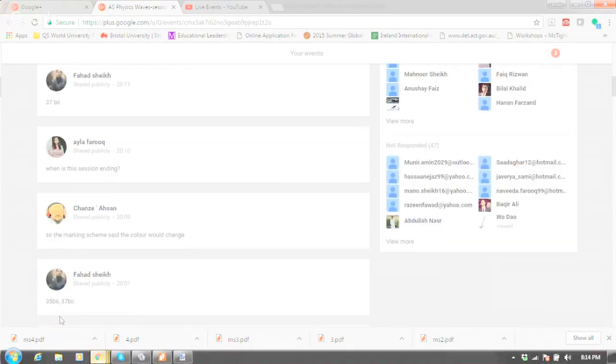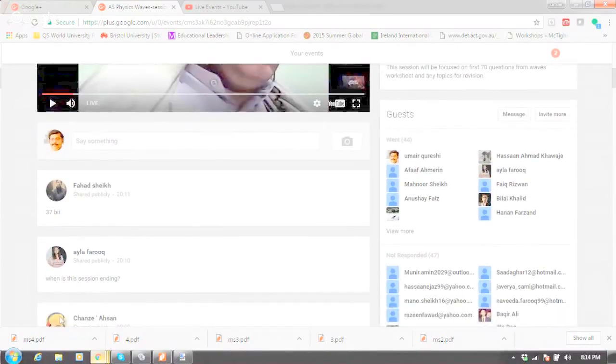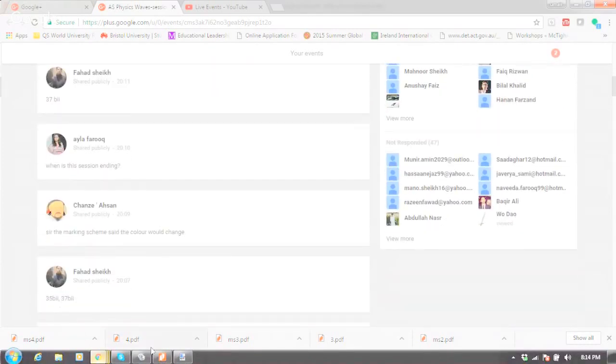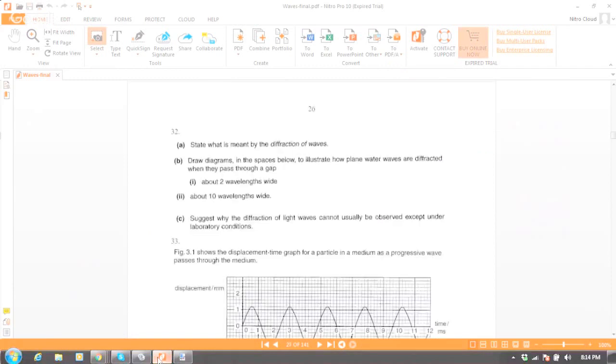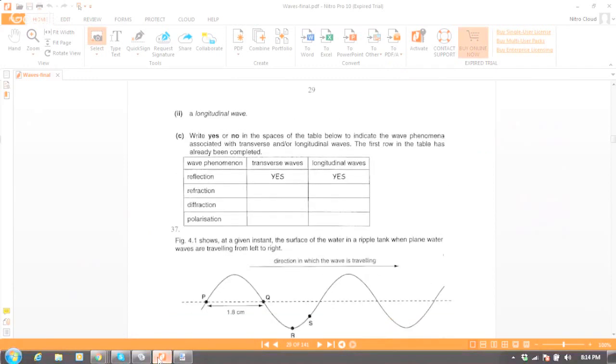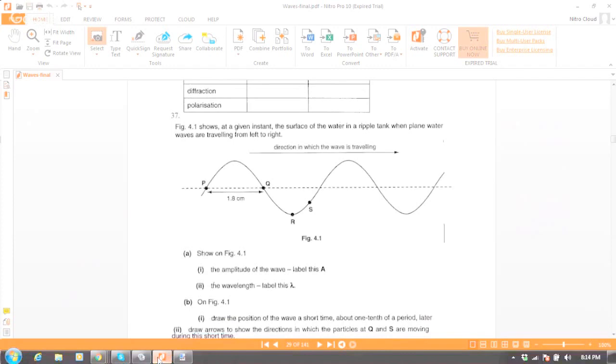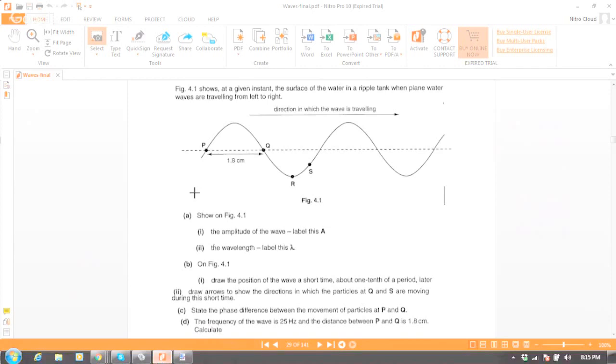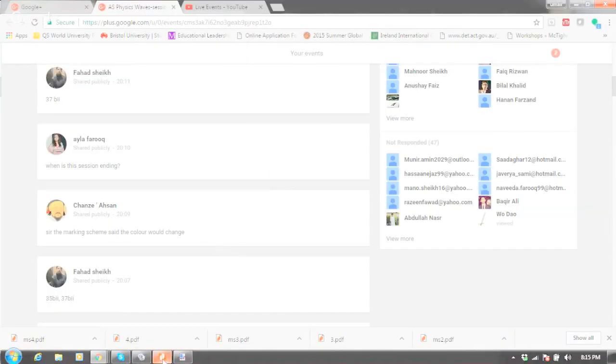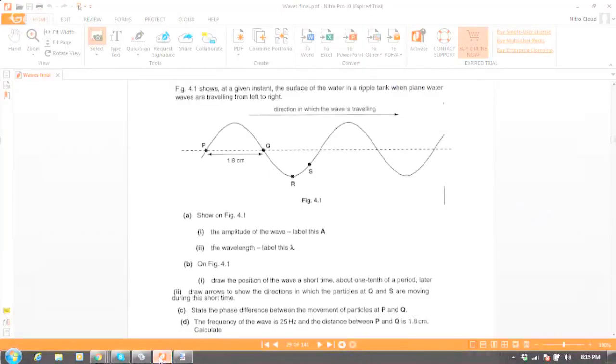Okay, so 35, 37, 37 B part 3. Figure 4.1 shows at a given instant the surface is given. Okay, ये सारी values दी हुई हैं. आपने पूछा question 35 B2. Let me look at B2.